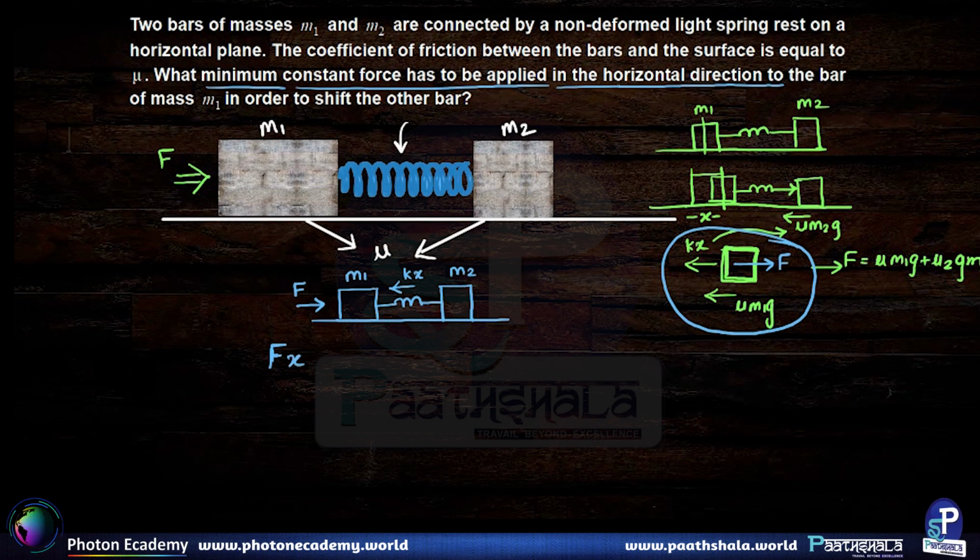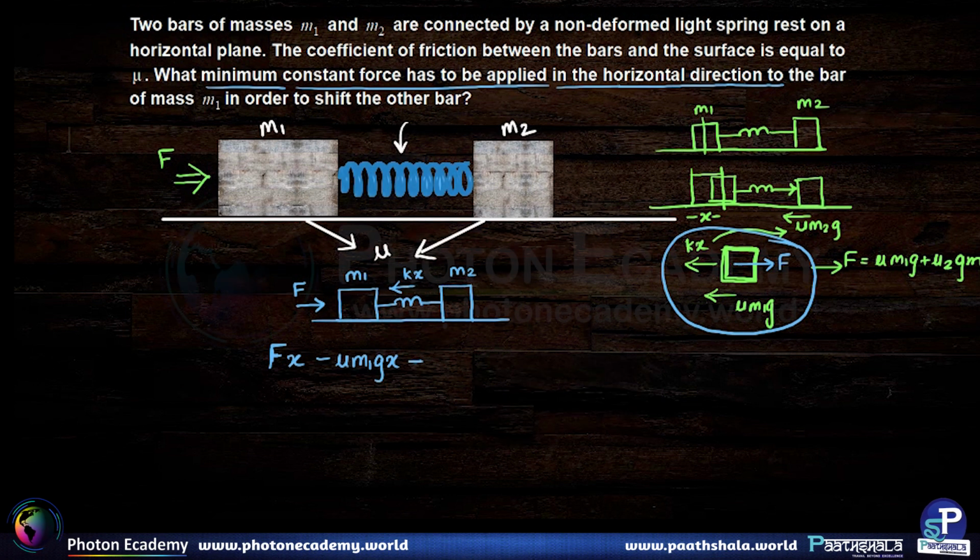And the net work done by friction on m1 is going to be equal to minus mu m1gx. Alright. And this will get stored as potential energy of the spring, or rather the work done by the spring force is going to be equal to minus half kx squared.